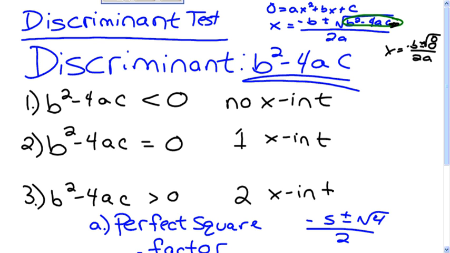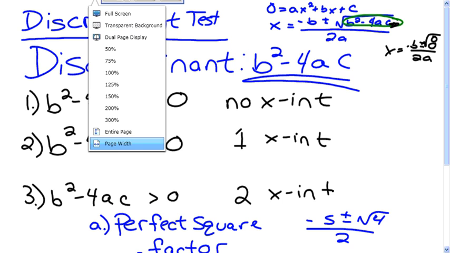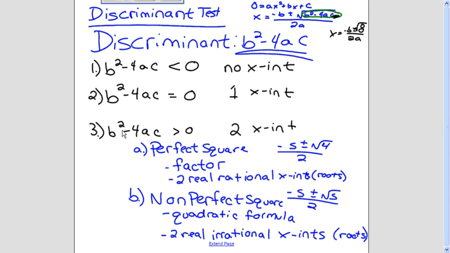So let's go back really quickly to these rules for graphing and what kind of intercepts we're going to have for graphing. And now let's take a look at what does this look like if I'm just solving an equation. You're still going to do your discriminant test. So let's go back to step 1. B squared minus 4ac is less than 0, means there are no x-intercepts.